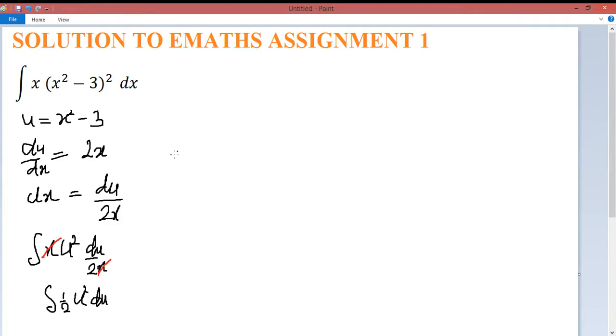Then we integrate with respect to u, and that is increasing the power by 1 to get 3, and divide the result by 3. Then we add the arbitrary constant of integration.